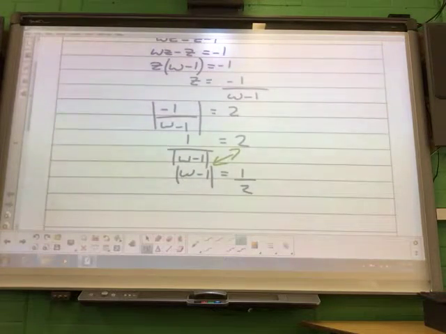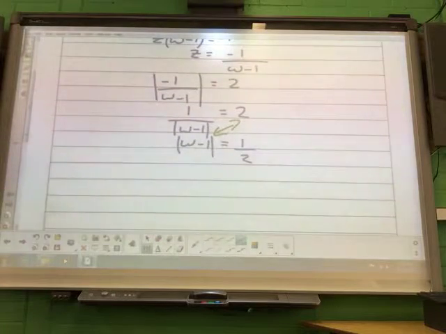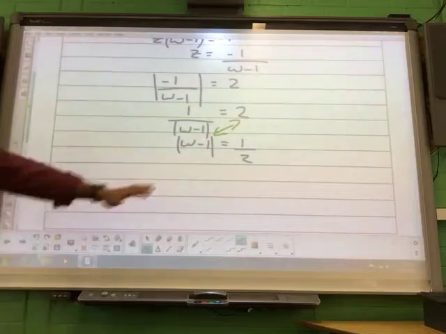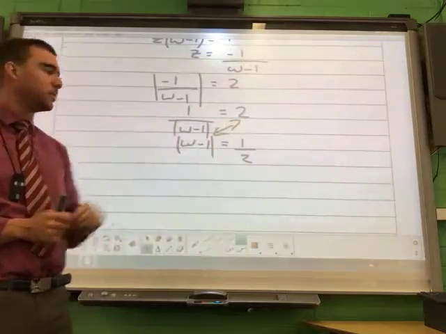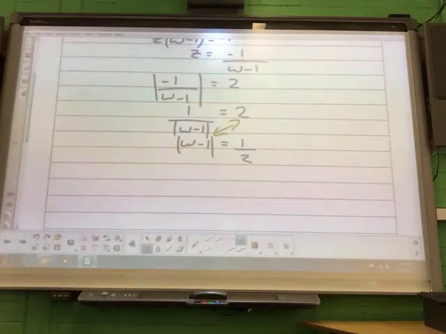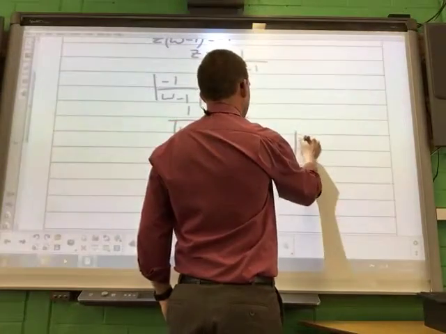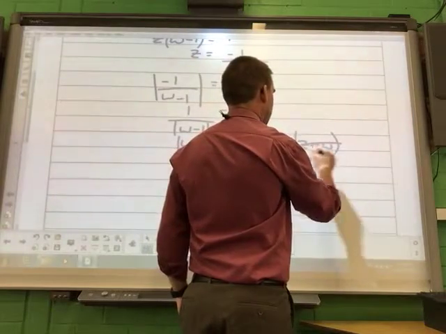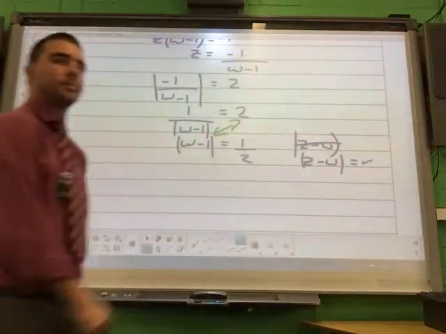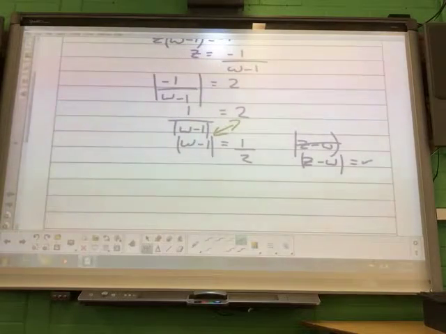So what is the locus of the modulus of omega take away 1 equals a half? Well, when you're taking the modulus, what's the locus in general? Circle. Okay, so take the absolute value and give it a half. So in other words, centre at omega and radius half.